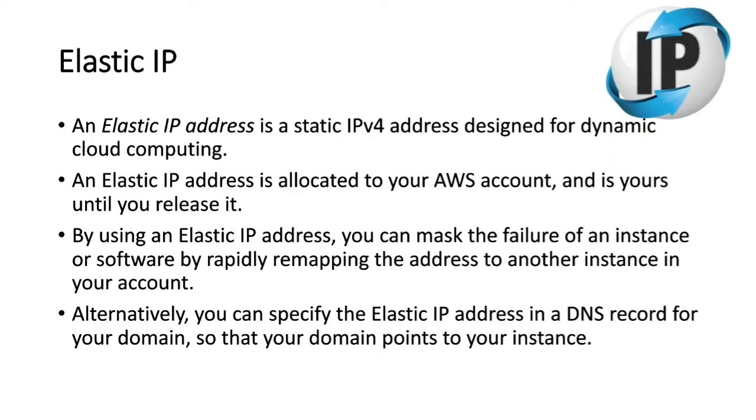But the issue of the public IP address associated with the EC2 instance is that the public IP gets vanished when you stop your EC2 instance, right? And when you restart it, a new public IP address is assigned to your EC2 instance.